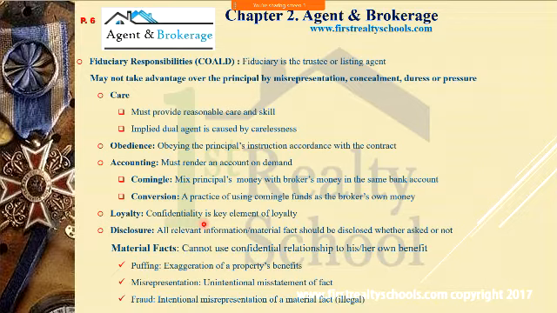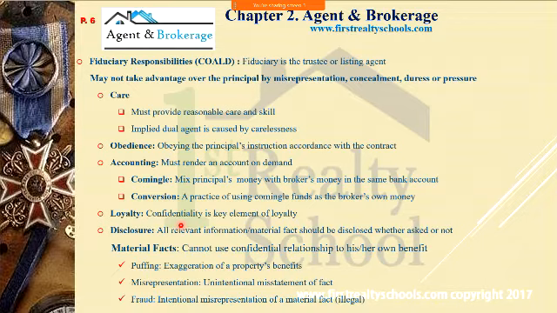It's the same thing as when you're doing property management, or when you stand on the lender's side to qualify the borrower. It's almost exactly the same.